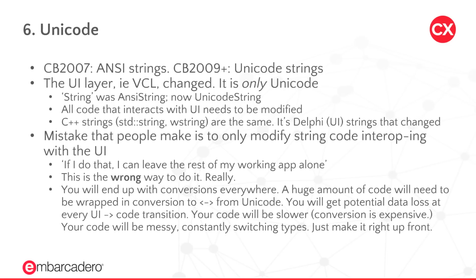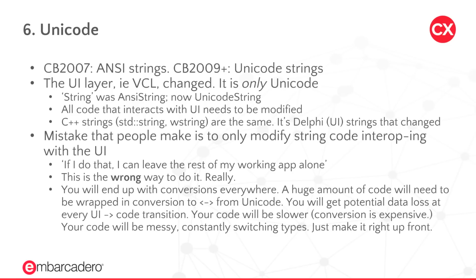So in C++ Builder 2007 and earlier, C++ Builder used ANSI strings. In C++ Builder 2009 and newer, including the current version, it uses Unicode strings. Now, when we say that 2007 versus 2009 was ANSI versus Unicode, what we're actually referring to is the VCL and the Delphi RTL.